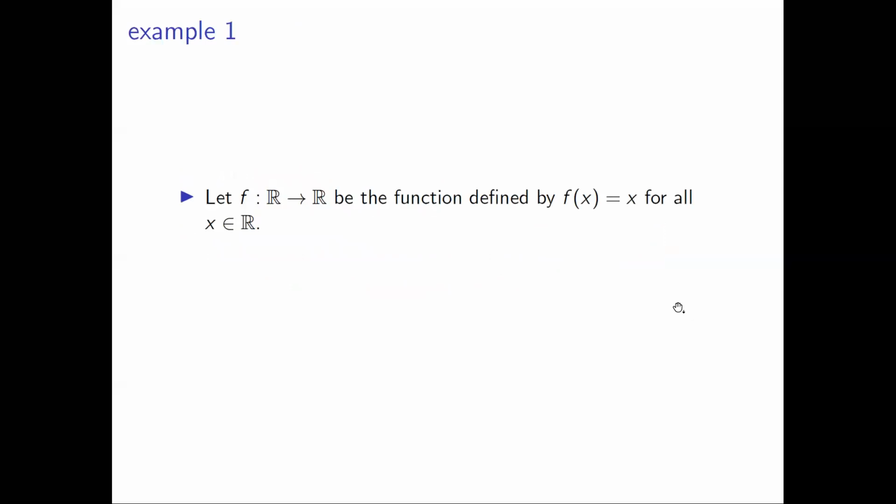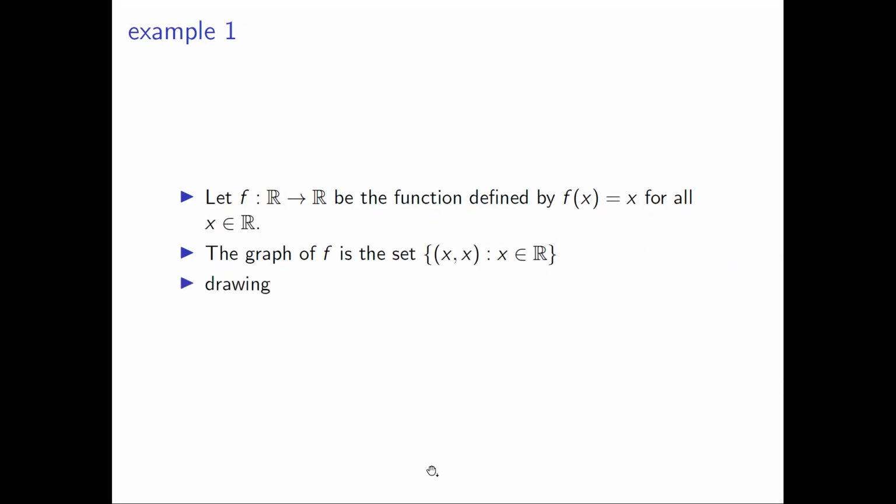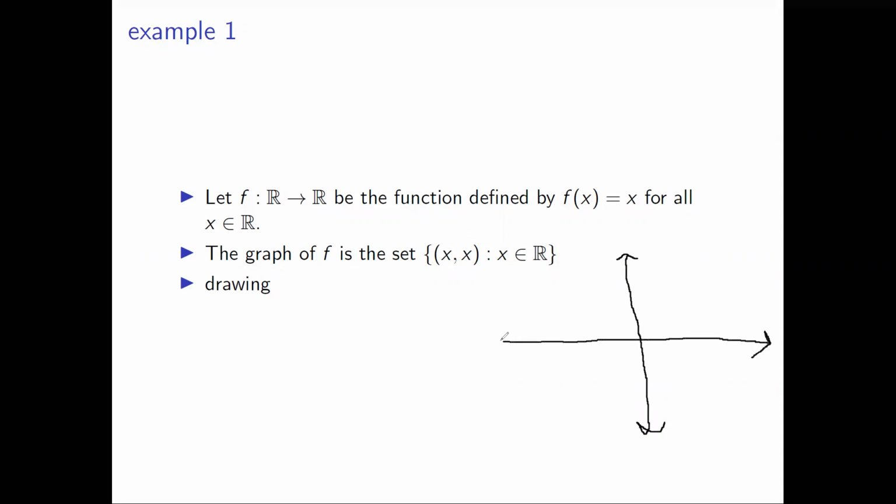First example, consider the function f from reals to reals defined by f of x equals x. The graph is just the set of ordered pairs x comma x, where x is a real number. And we can draw this. So usually when we draw functions from the reals to the reals, we draw them in the coordinate plane. Here's our x-axis, here's our y-axis. This will be, say, positive x, minus x, positive y, minus y.